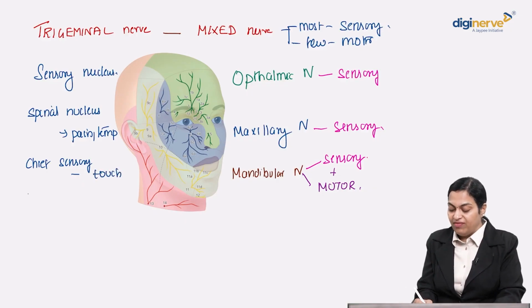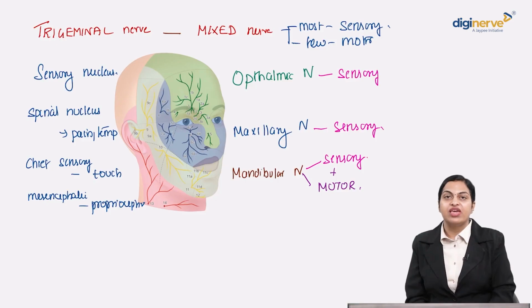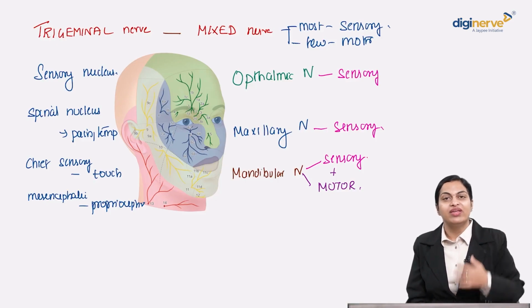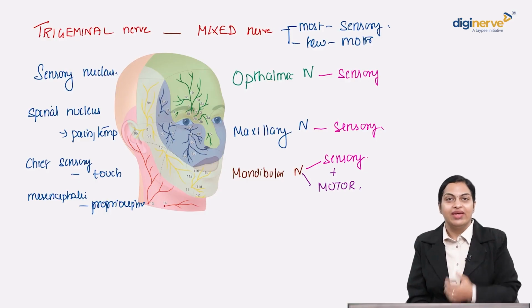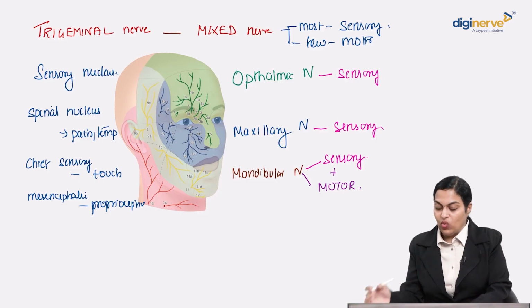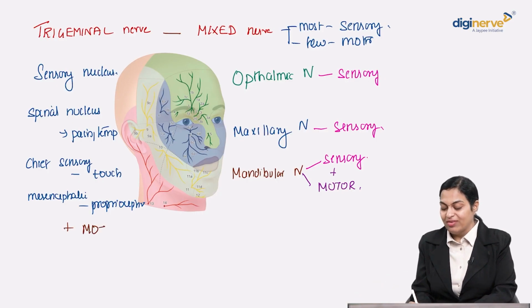And then we have the mesencephalic nucleus of the trigeminal nerve, which receives the proprioceptive information from the muscles of mastication and the muscles that move the eyeball. If you need more details, you can have a look at the head and neck cranial nerves session. Plus, the motor nucleus of the trigeminal nerve.